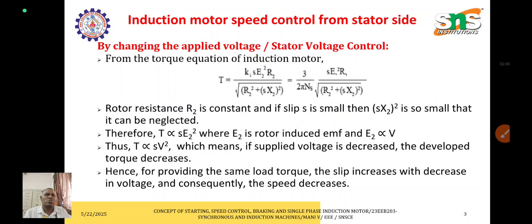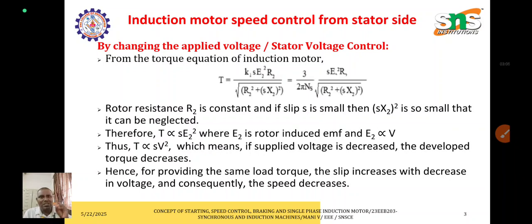Here E2 is the rotor induced EMF, and it depends on the supply voltage. So E2 is directly proportional to V, and instead of E2 we can substitute V. So the torque is directly proportional to S into V square.